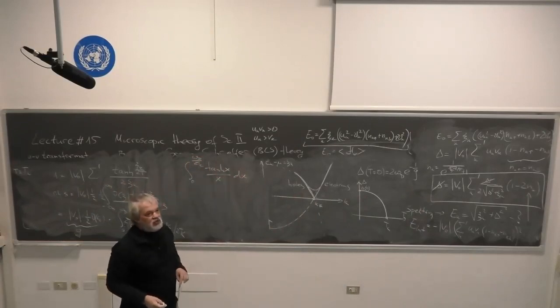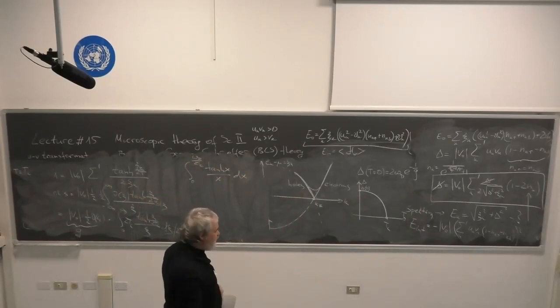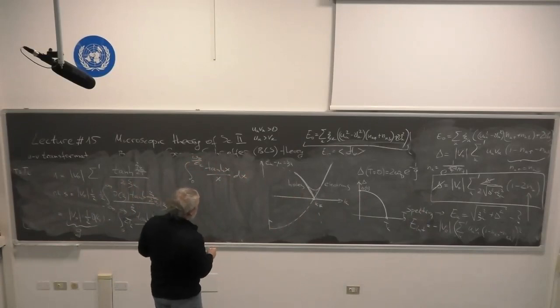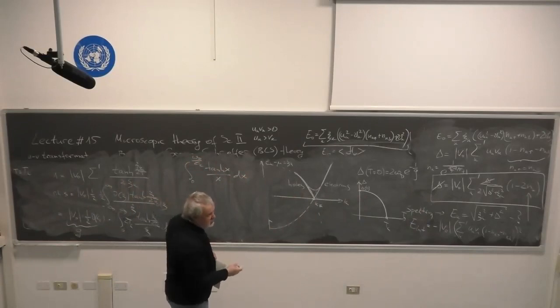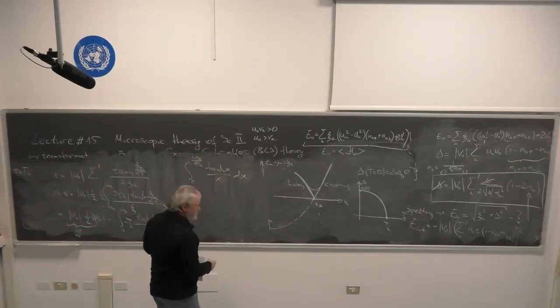You will meet this sort of integral almost everywhere. Let's analyze how this function looks. First of all, at x going to 0, this function doesn't diverge because tanh is proportional to x. So there is no danger.